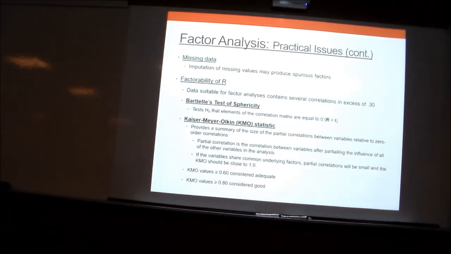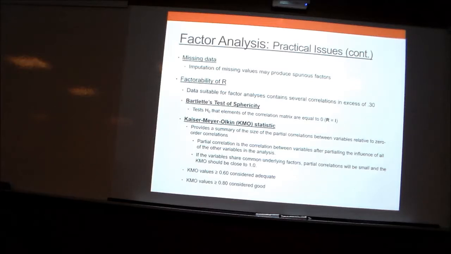Factorability. Basically, you don't want to run a factor analysis on data that are uncorrelated with one another. We've got a couple of different tests here. Bartlett's test tests whether the elements of the correlation matrix are equal to 0, or that your correlation matrix is equal to an identity matrix. Does anybody think this is probably an important thing to look at? No. You don't need a statistical test to tell you that your correlations as a whole are not 0.